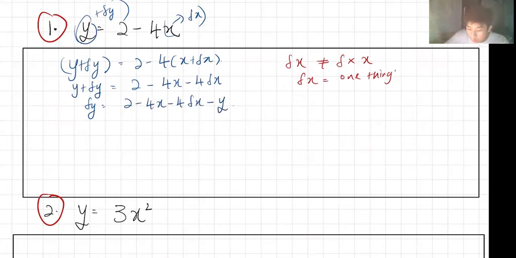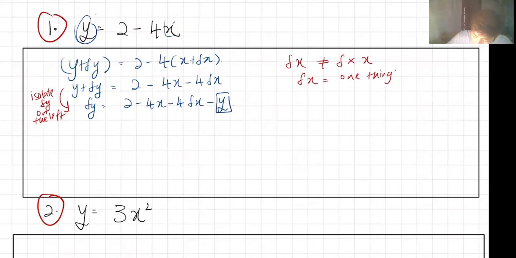Once you have reached this stage, basically what you do in this step is isolate delta y on the left. Then what you want to do next is replace y with this thing, because we know that originally the equation was y equals to this.